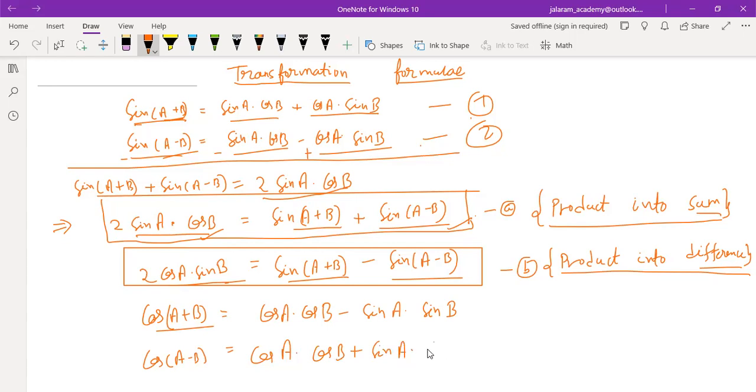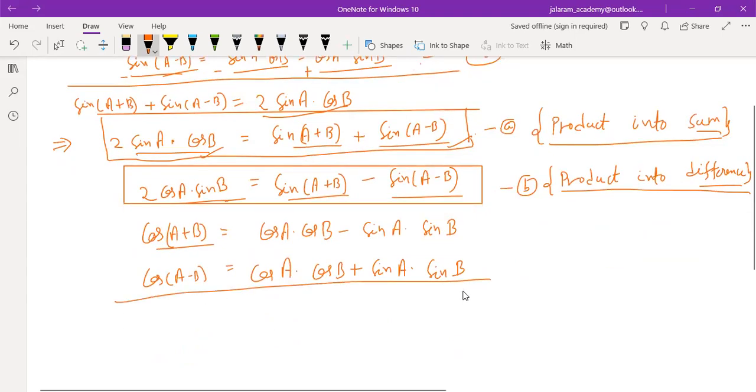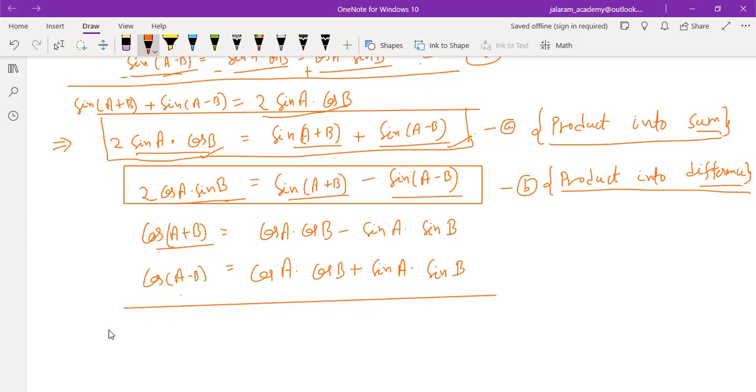So if we add these two formulas, and as we have discussed that we have to state them starting from right hand side after adding. So if we add these two formulas, it is giving cos A plus B plus cos A minus B in the left hand side. And these minus sin A sin B plus sin A sin B will be cancelled out.